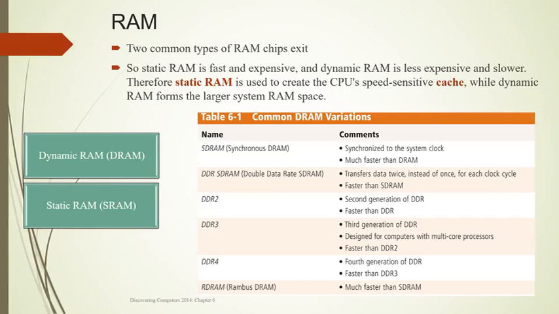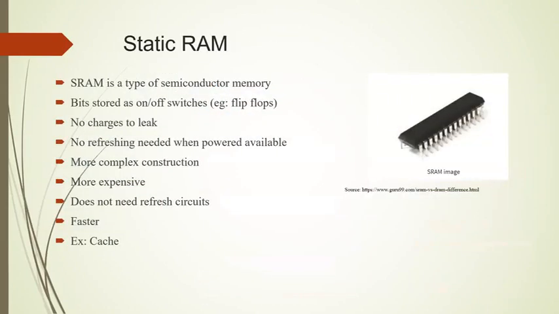Static means somehow permanent, not long term. So in here they say no charge to leak, so it keeps the same value for a long time. No replacing needed, because SRAM, static RAM, uses semiconductor modules. So it's very complex and more expensive.